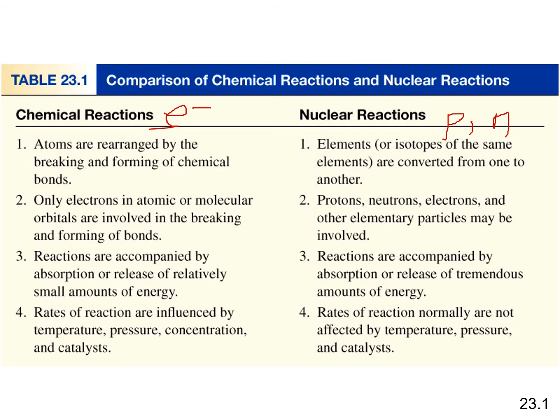And for the usual chemical reactions, the rates of reactions are influenced by temperature, pressure, concentration, and catalyst. But nuclear reactions normally are not affected by these factors.